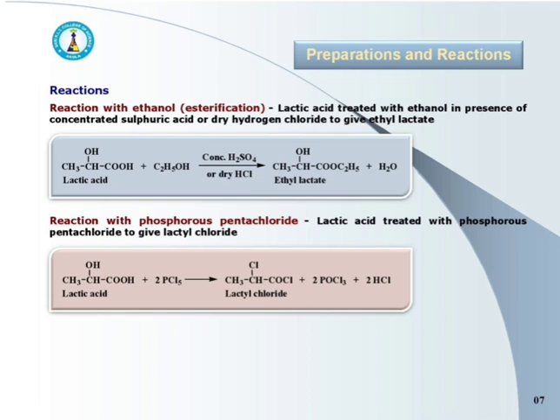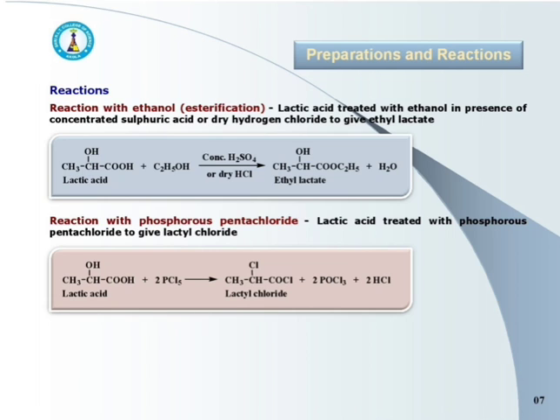Next is reaction with phosphorus pentachloride. When lactic acid is treated with phosphorus pentachloride, it gives lactyl chloride. Here the 2-OH gets replaced by Cl.